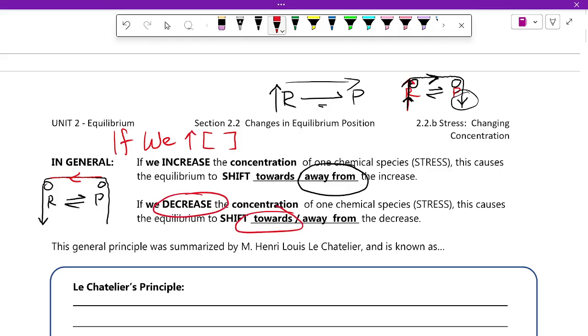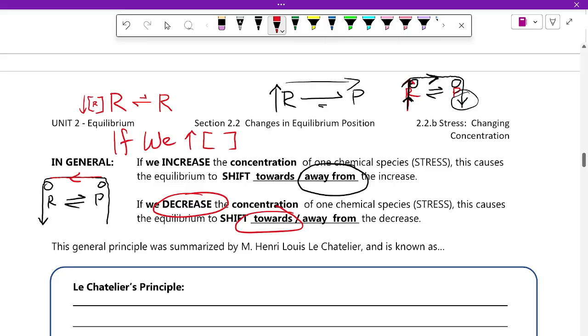If you want to think of that in terms of rates, if I have reactants and I decrease the concentration of reactants, then that means that my forward rate is going to decrease and my reverse rate will stay the same.